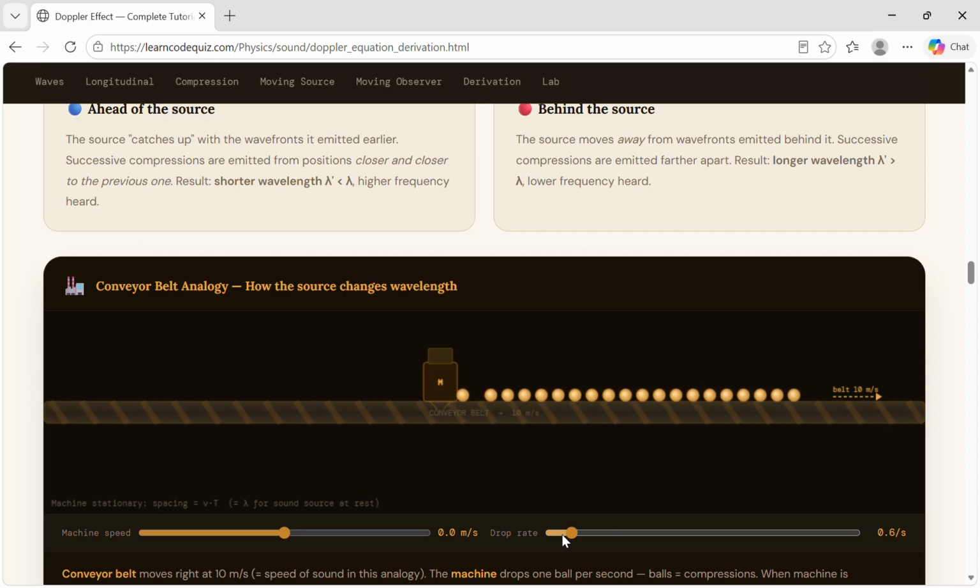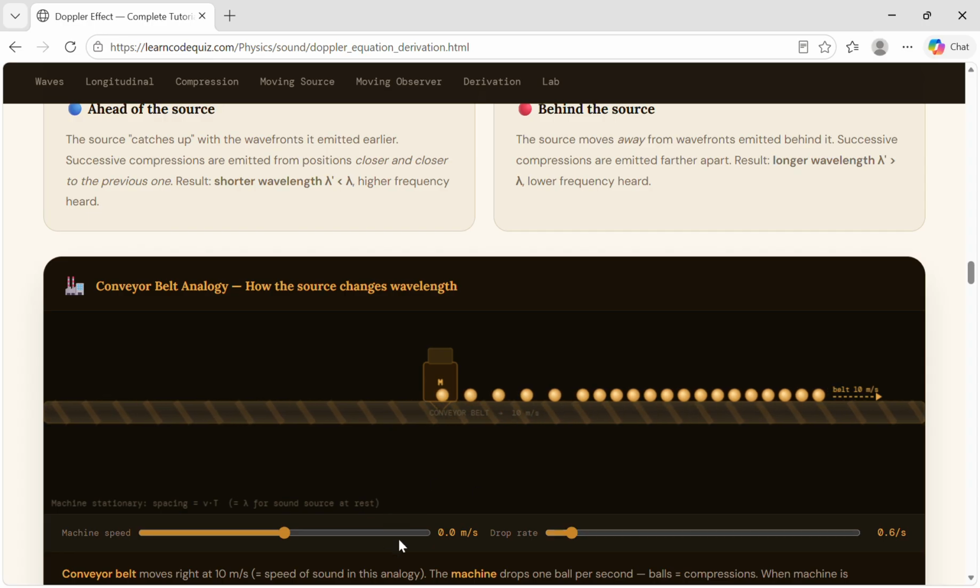Now here, if I make the machine move, the machine which is dropping the balls, and the machine is basically the source here. Now if the source is moving in the direction of the conveyor belt, that means towards the observer.